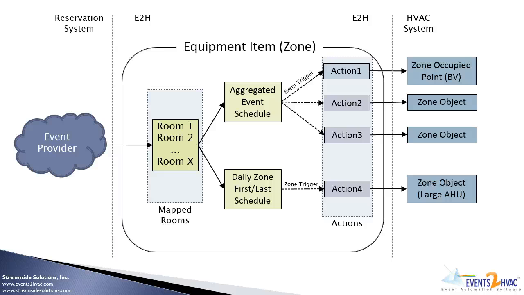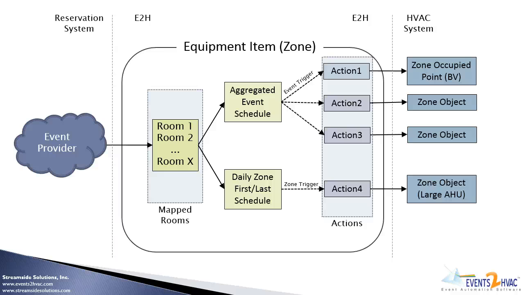Internally, there are two sets of schedule data available for the zone: aggregated event schedules and daily zone first-last schedules. The aggregated schedules are a combined schedule of all the mapped rooms with the pre-start and post-stop times already adjusted for each event. The result of this is used to trigger event start-stop commands.